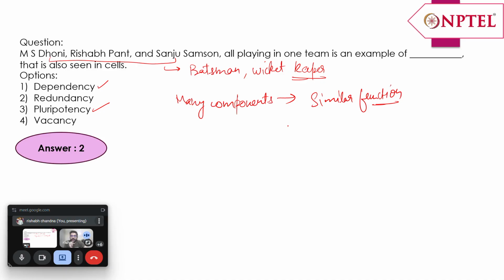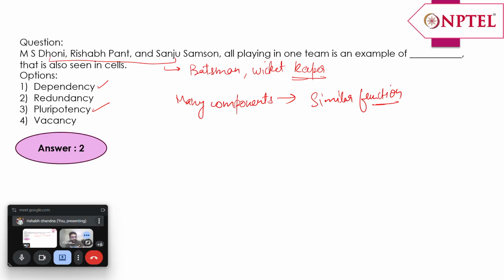Okay, so is the question clear? So this question basically explains the redundancy in the genetic code.